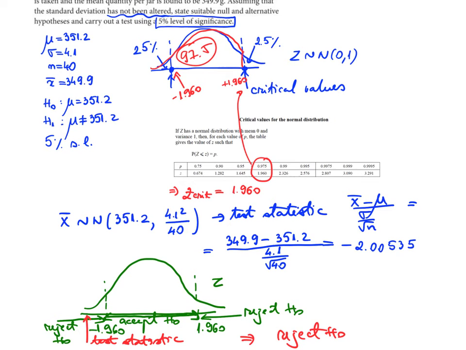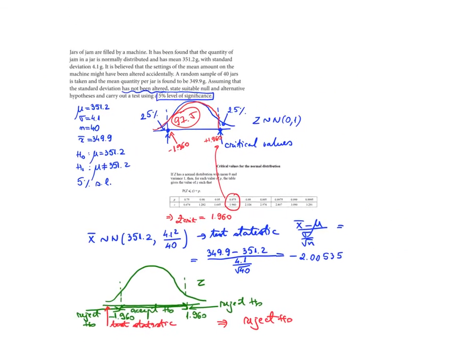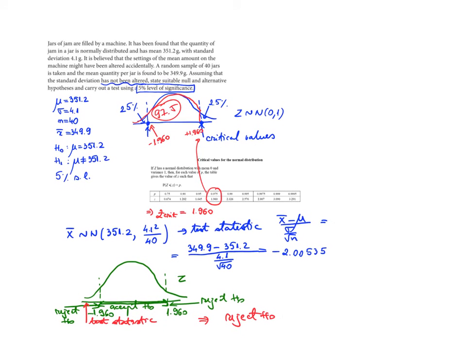So we've done all the calculations, and you have some time to reflect on them in light of the previous questions. The conclusion of this test is that we reject H0, and we need to refer back to the initial question, so that we will say that the jars of jam do not have a mean of 351.2.